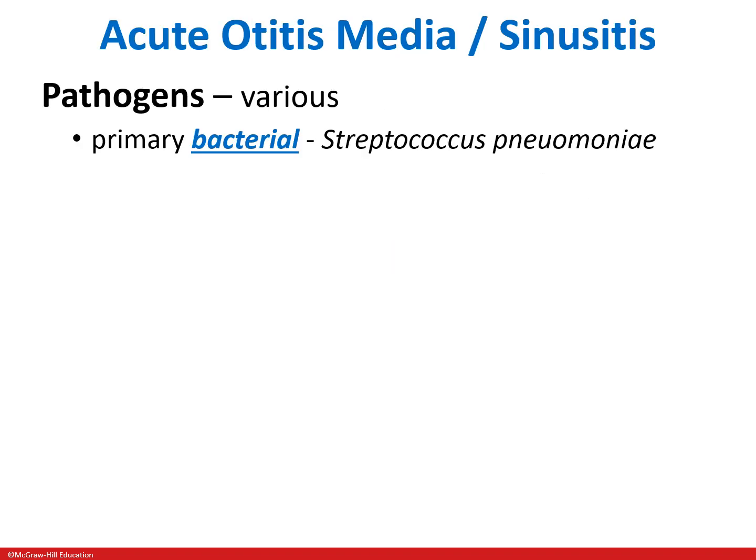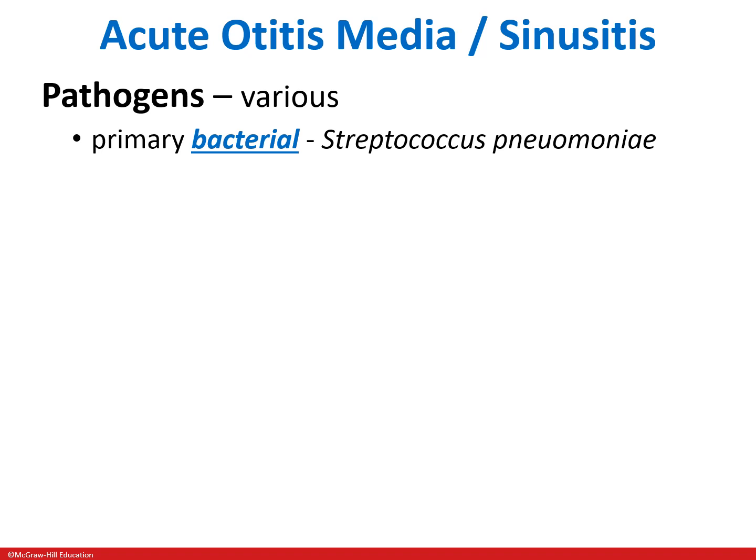So because of the connection of the middle ear and the sinuses to the respiratory tract, specifically to the nasopharynx by way of the eustachian tubes, or what is the more modern name, the pharyngotympanic tubes, we have these diseases in this chapter as well. An ear infection or a middle ear infection is called acute otitis media, and sinus infections would be sinusitis.